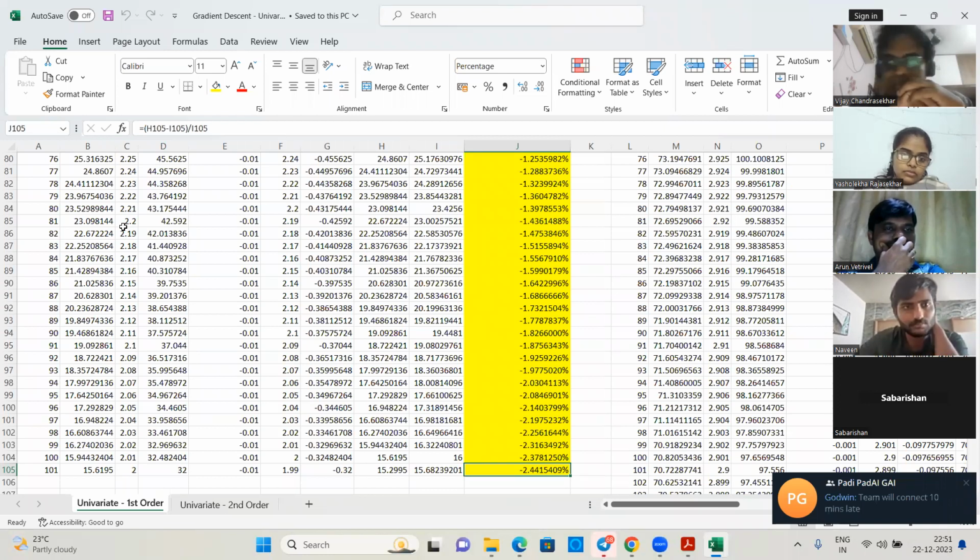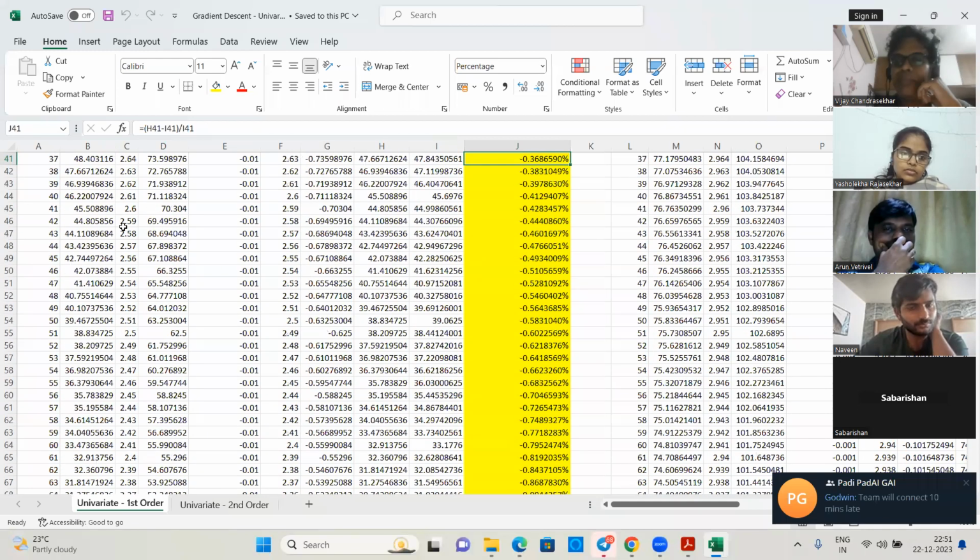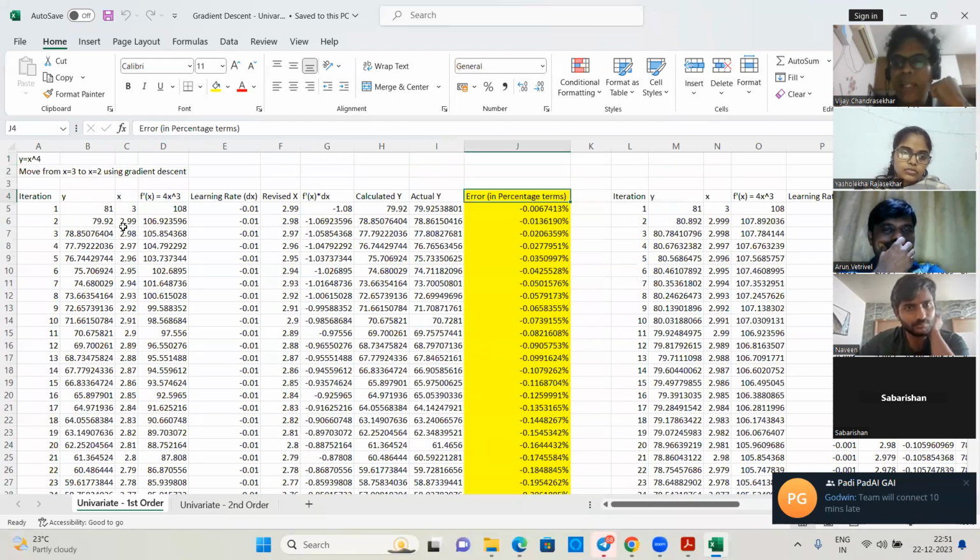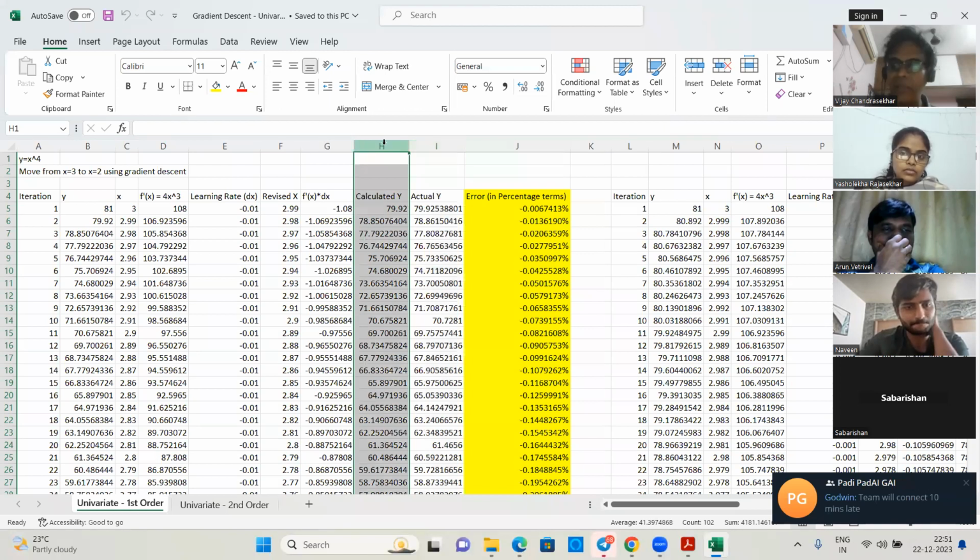So the idea is this. At every stage, remember folks, initially the error is less because I just started the approximation. But then don't forget, as I keep proceeding, I'm building on top of approximation on approximation on approximation, right? Because remember, I don't have the y. I only have a calculated y with me.